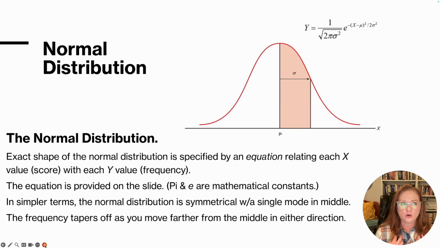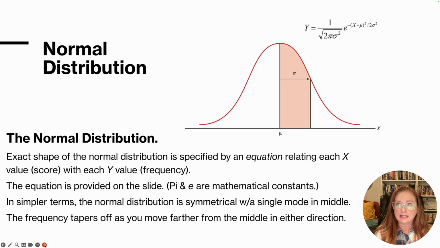Then, depending on how popular our score is, how much we have in common, that's the frequency. If you have the exact same score I do, and the same score as 1,000 other people do, that's how tall it is.